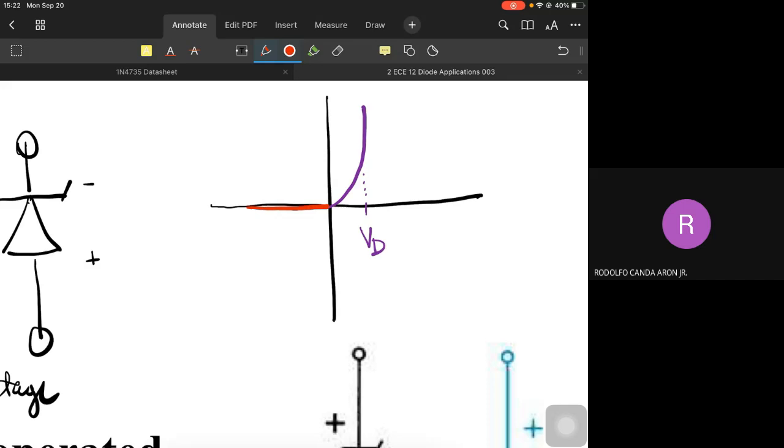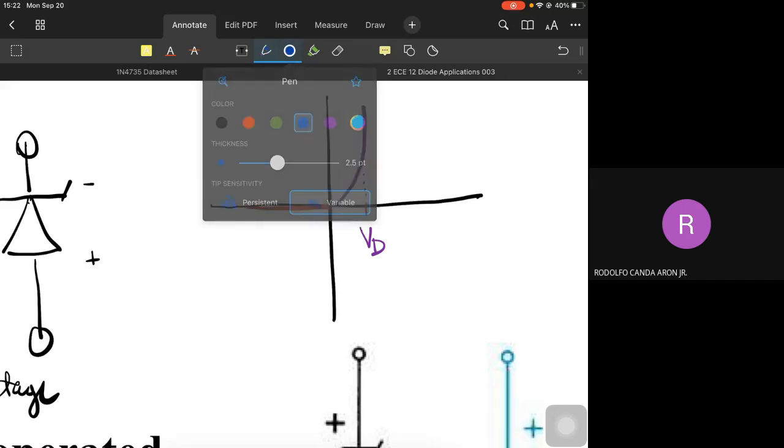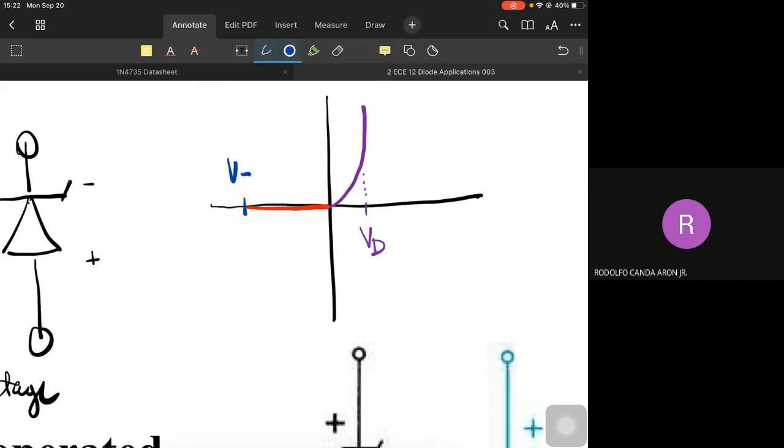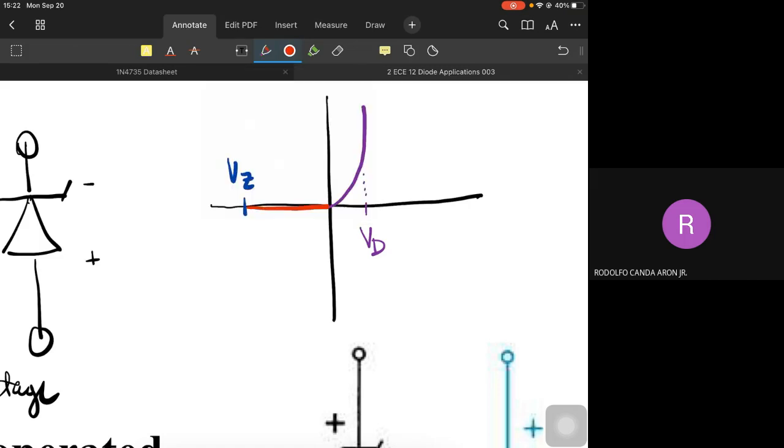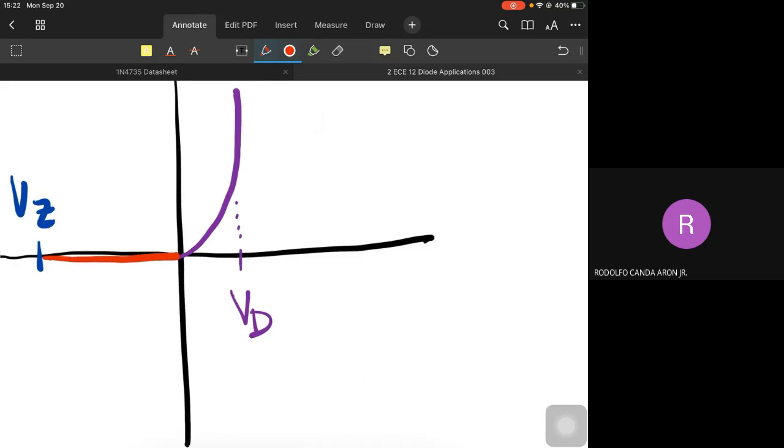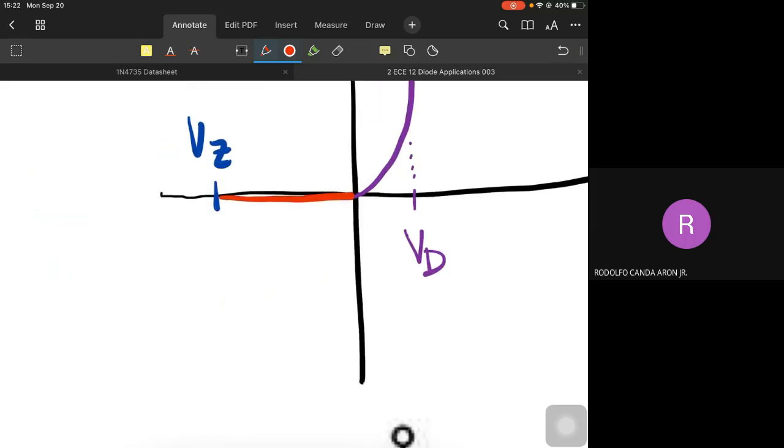And for some voltage, we call this one VZ. For some voltage VZ, pag ma-reach na po nga voltage, in the forward bias region, again, if ma-reach ang VD, mag-flow ang current. In the reverse bias region, if ma-reach ang VZ, na po yung current ka mag-flow. Like that.